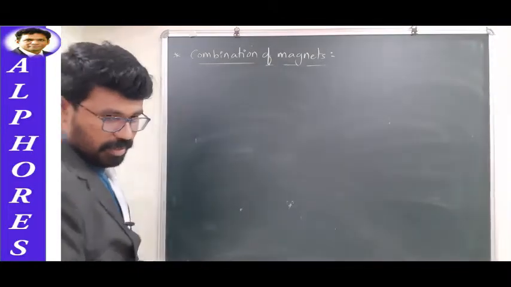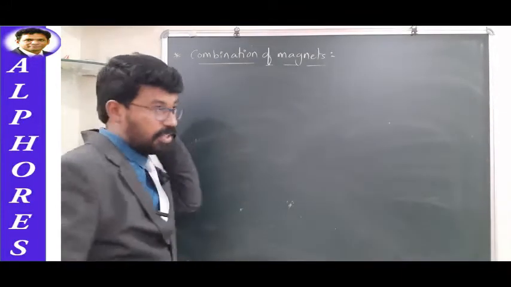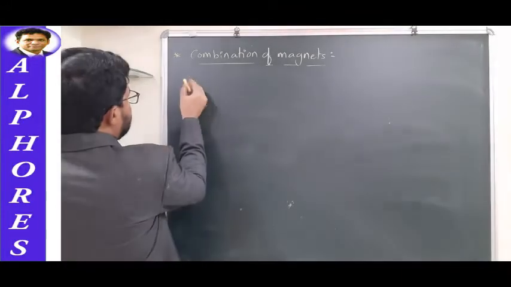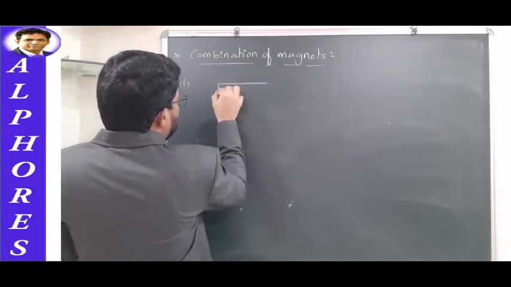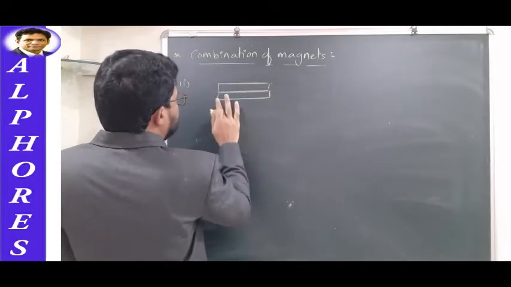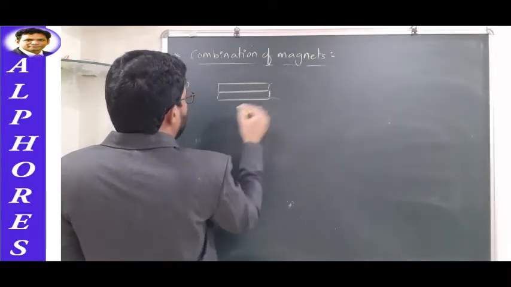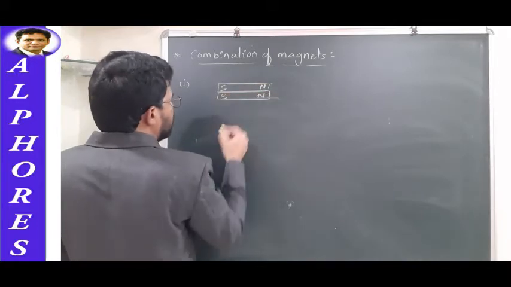Right. So now I'll take different orientations. Let us say both the magnets are placed like this, one above the other: south pole, north pole, south pole, north pole.